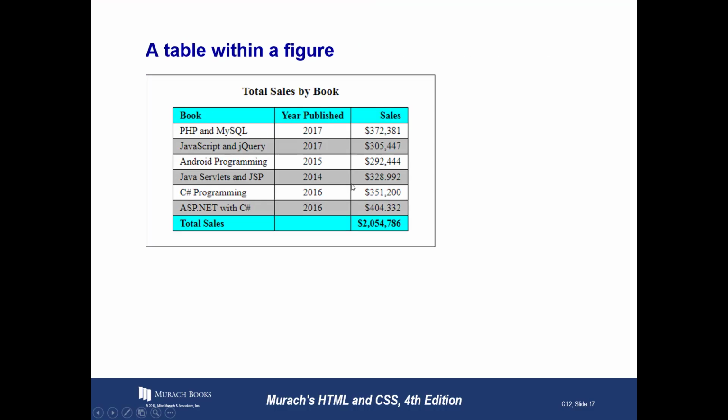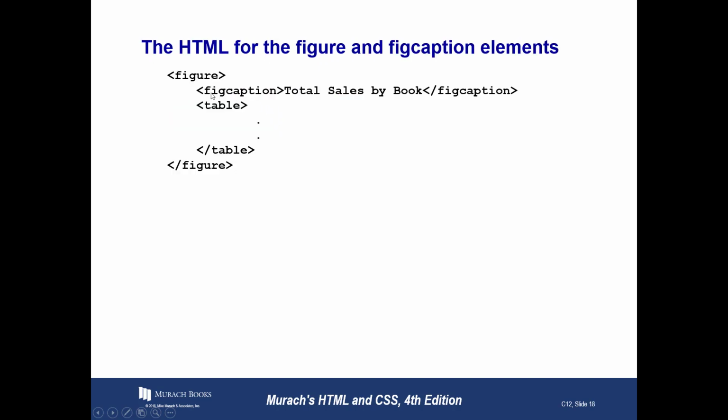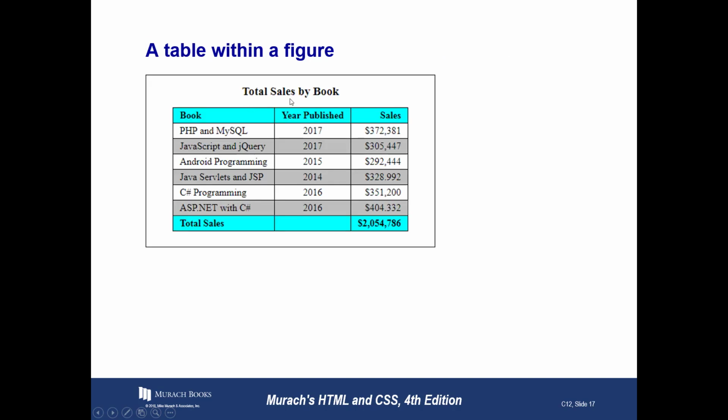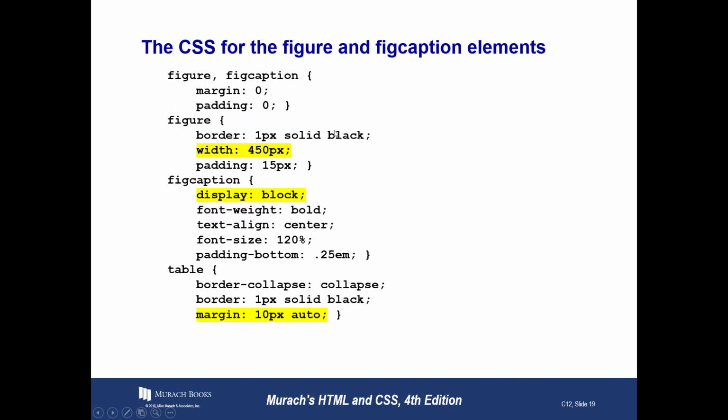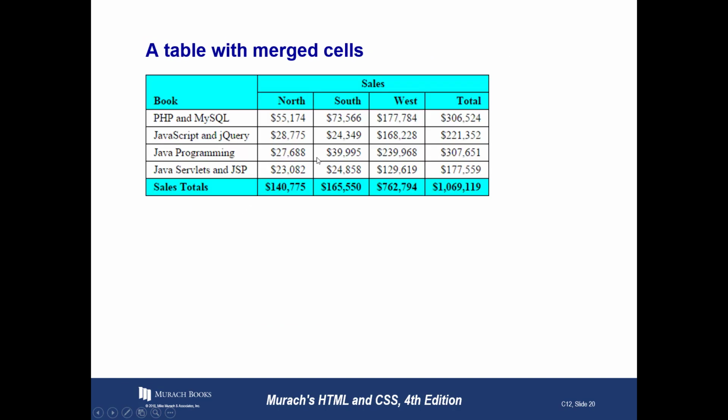You can take a table and you can put it inside of a figure. So when you do that, you can use the figcaption, which is like using a table caption. But there's a lot more things that you can do with a figure when you look at this. So see what they've done? Now they've got merged cells.